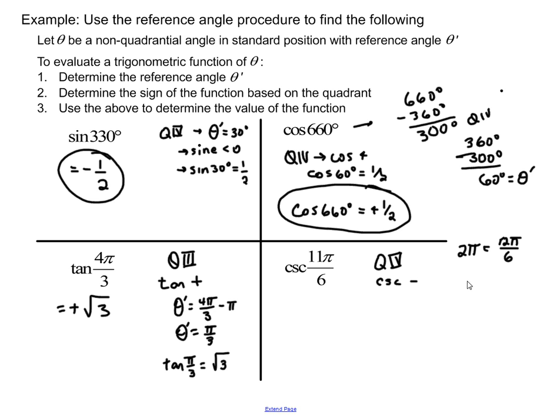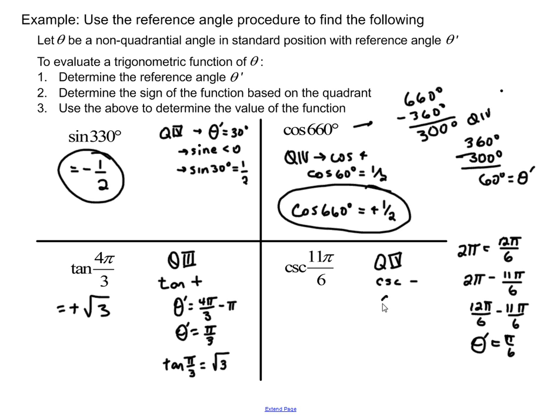Therefore, cosecant must also be negative in quadrant 4. And my reference angle will be found by taking 2 pi minus 11 pi over 6. That's 12 pi over 6 minus 11 pi over 6, which gives me a reference angle of pi over 6. So what do I know about pi over 6?